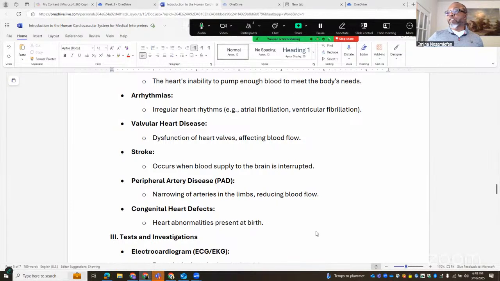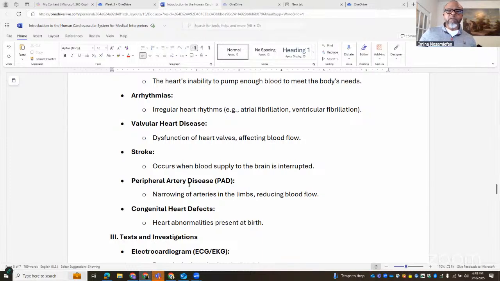When there's diabetes and peripheral artery disease, blood flow to the extremities, the feet, becomes very poor, such that if you have a wound, it won't heal well. You have an ulcer that just doesn't heal, it becomes gangrene, and often they will have to amputate. That's peripheral artery disease.